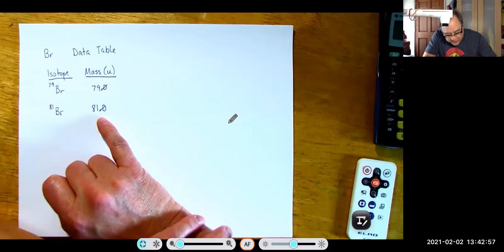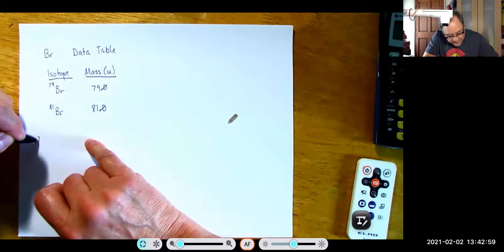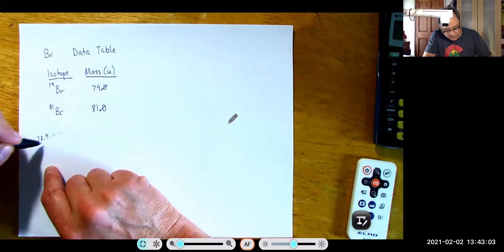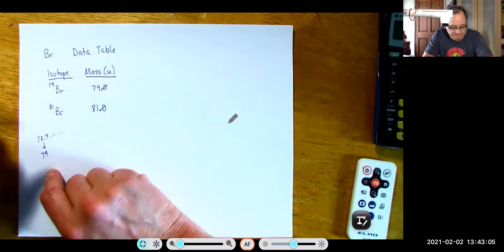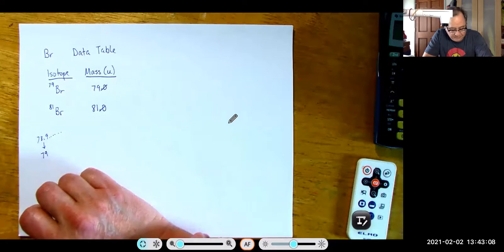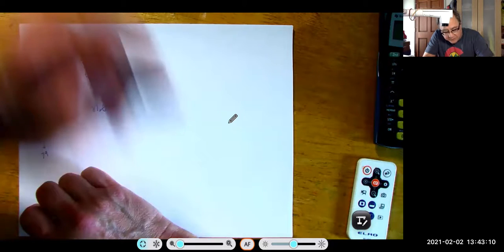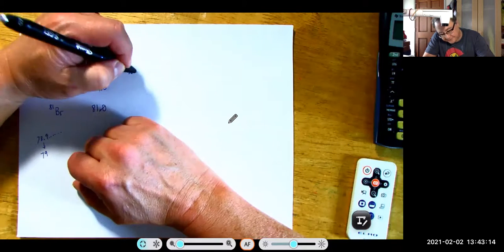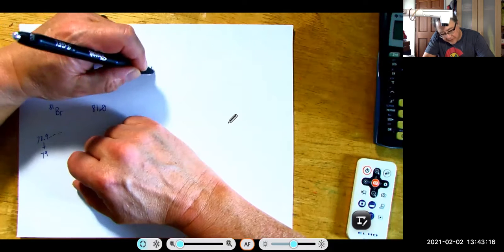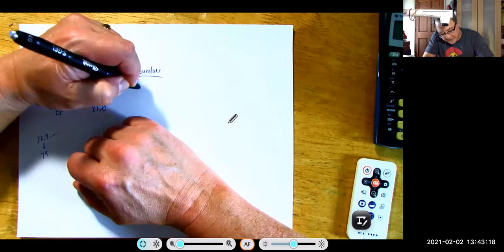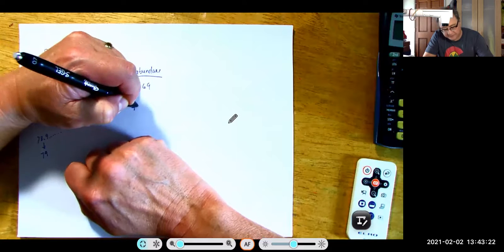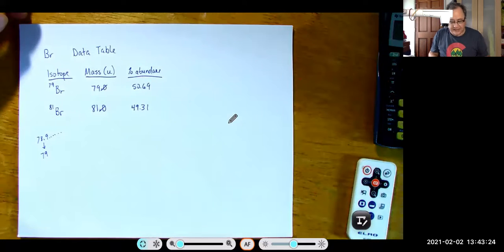So they give you 78.9, blah, blah, blah. What does this round to when you round to the ones? 79. And then you're going to put the percent or natural abundance. And there's a 50.69 and a 49.31. So that's your data table.